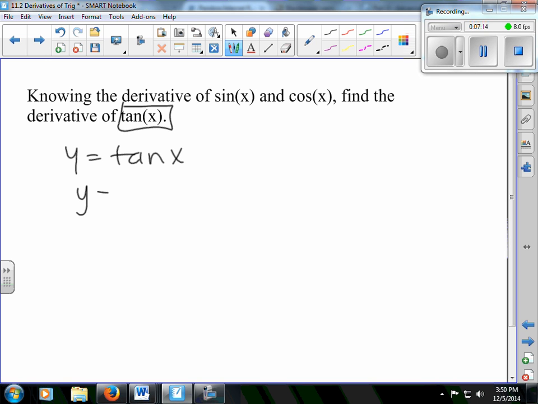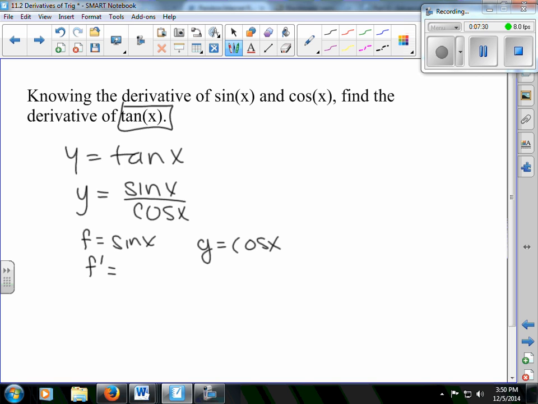You simply take tangent of x and you replace it with sine of x divided by cosine of x. And now I can take the derivative of this because I can do the quotient rule. And so we're going to label f as sine of x and g as cosine of x. So f prime is cosine and g prime is negative sine. These are the two derivatives I just gave you the formulas for.